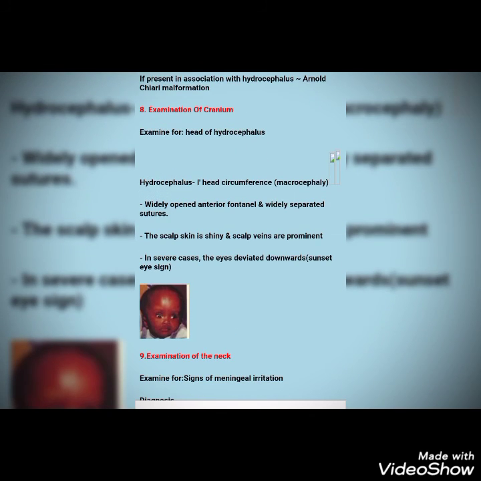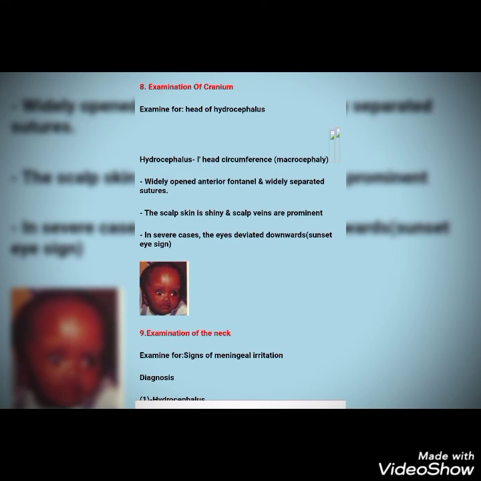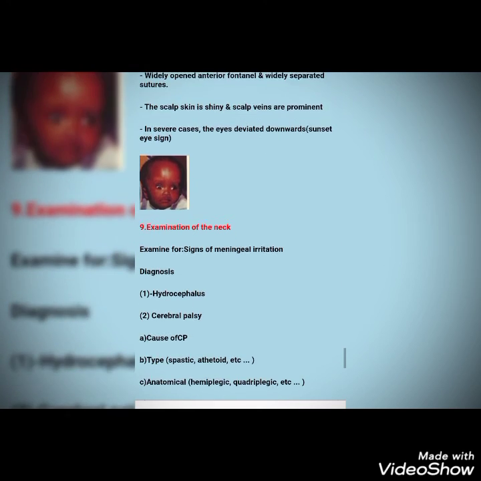Examination of cranium: examine for head circumference, macrocephaly, widely open anterior fontanelle and widely separated sutures, as in hydrocephalus. The scalp skin is shiny and scalp veins are prominent. In severe cases the eyes are deviated downward, the sunset eye sign, as shown in the figure.